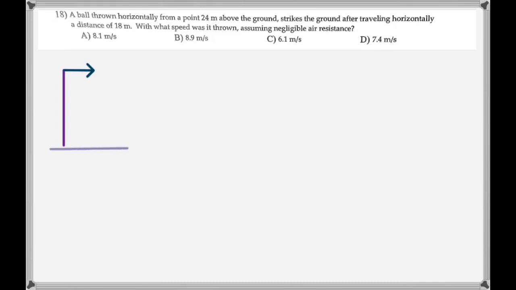So this diagram explains everything. So you have the 24 meters and the 18, of course not drawn to scale, and the ball is thrown horizontally from there. So let's mark those 18 meters, that's 24. V0x is what we are trying to find, because when it's thrown horizontally, it only has a horizontal velocity.